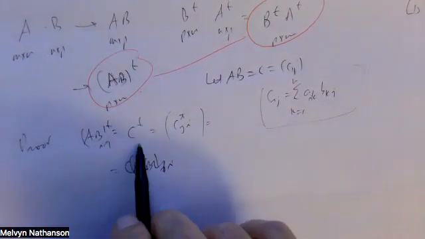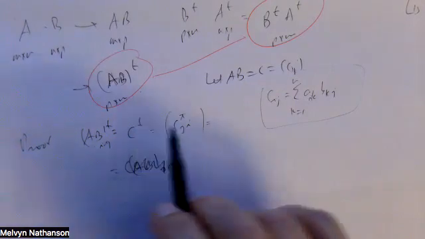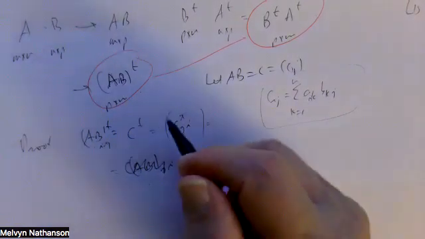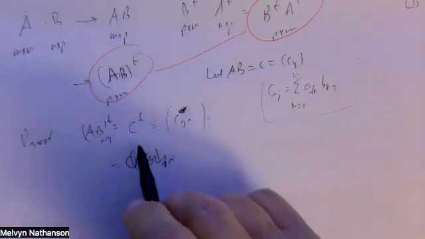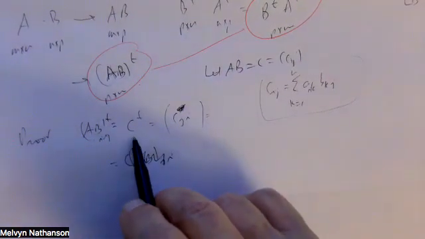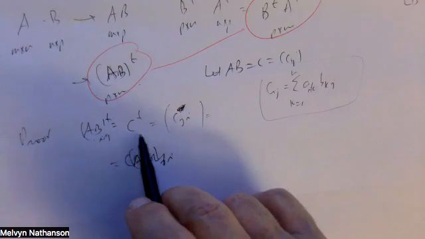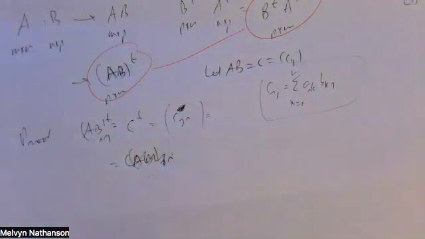So if AB is C, AB transpose is C transpose. The ijth coordinate of the transpose is the jith coordinate of the original matrix.